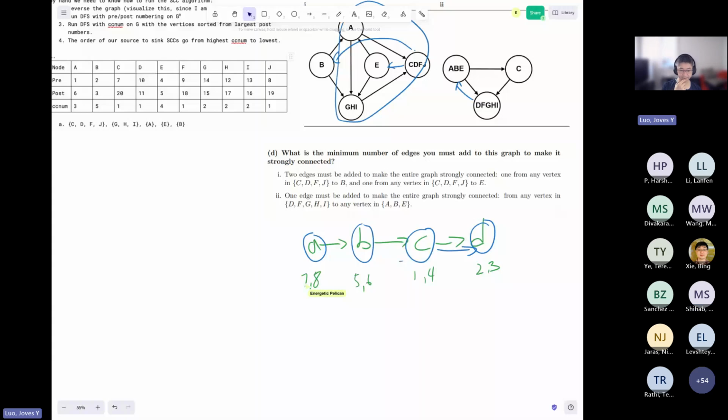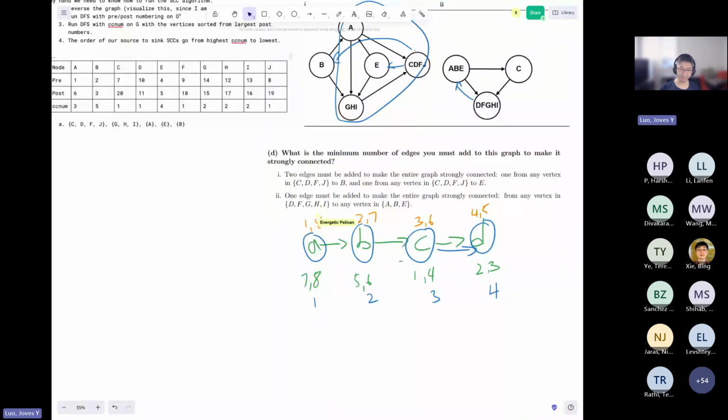Okay. And it turns out that when you order the post numbers here, that would be an ordering from the largest post number decreasing, right? So we got 1, 2, 3, 4. Now, what happens if I had started this from A? Well, if I started this from A, my numbers are now 1. Look at that.